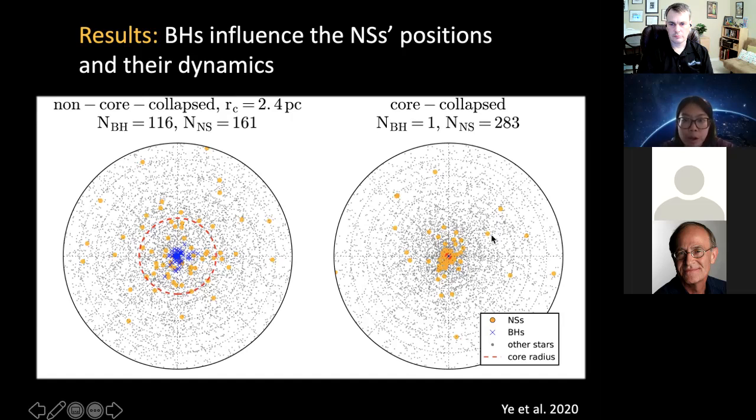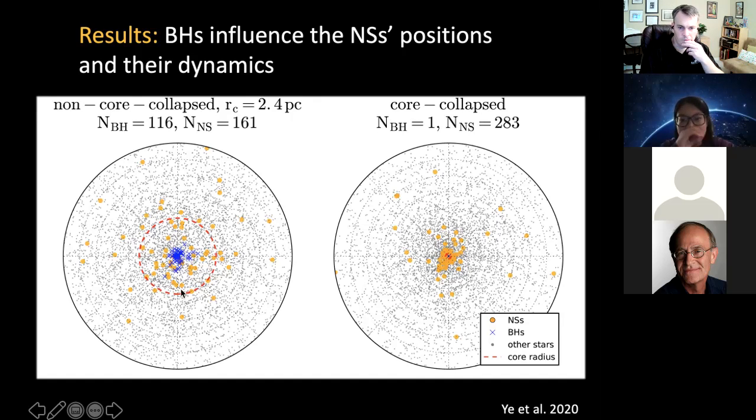So in this plot to the right is a 2D projection of a typical core collapse cluster. There are few black holes in this type of cluster, so only one in this case. And the neutron stars concentrate at the center. But then on the left is a typical non-core collapse cluster. This cluster has many black holes, 116 in this case.